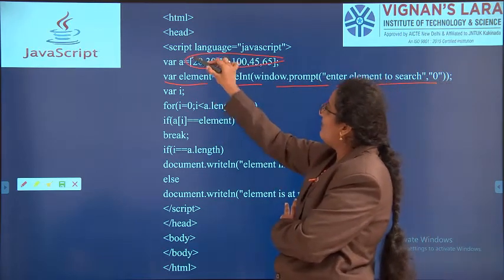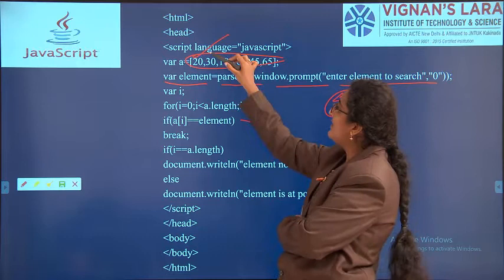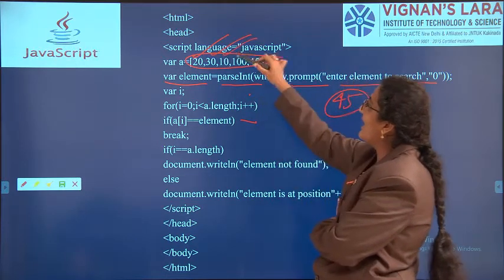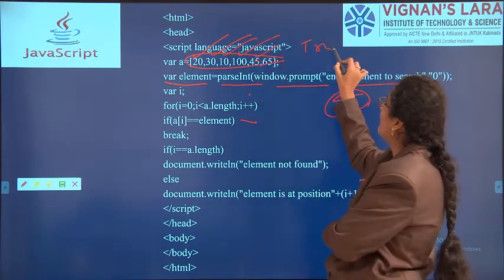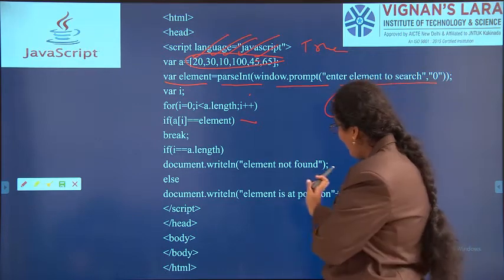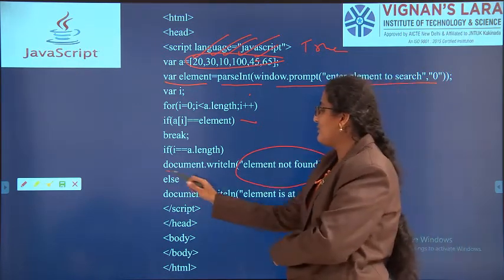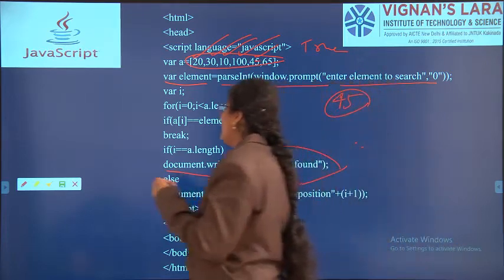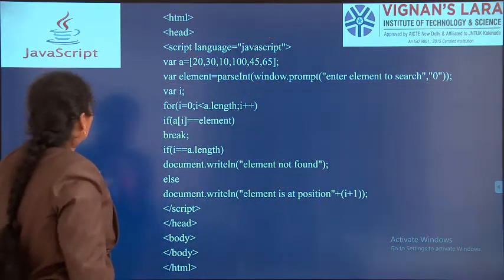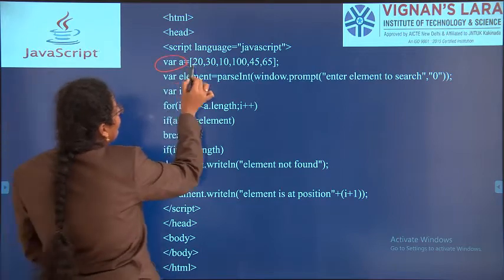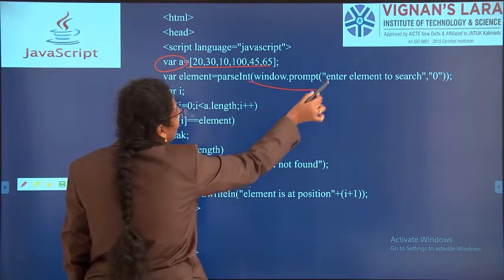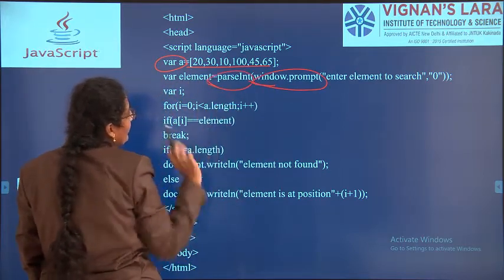Linear search: first they will compare with 20, false; 30, false; 10, false; 100, false; 45, true. When it is true, I want to print the element found. For printing the element found, I am using document.write. So see here, we have taken the array, passed the elements, given the input from the keyboard, and converted all the elements into integers.